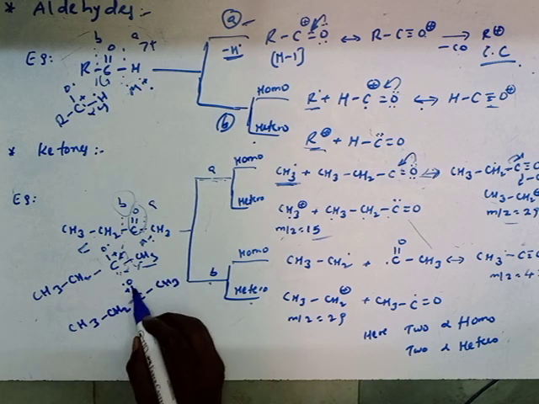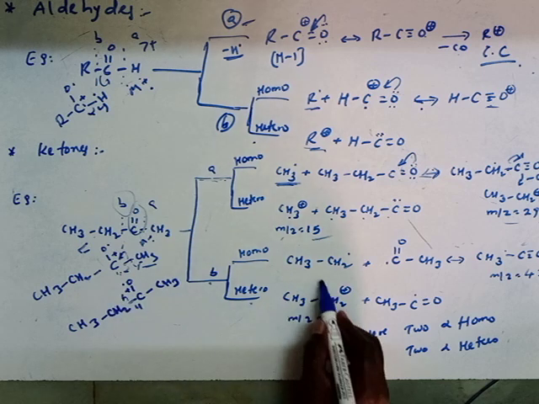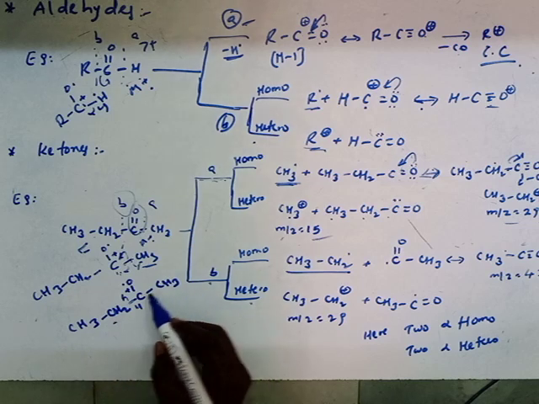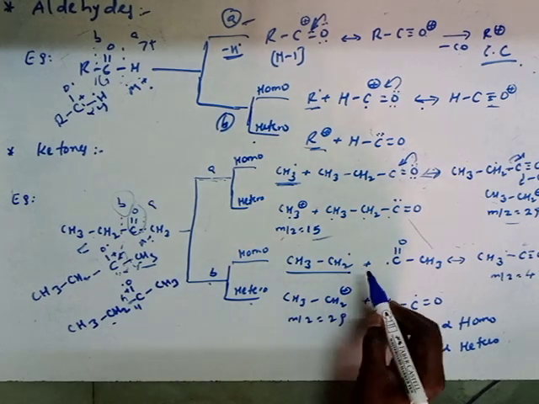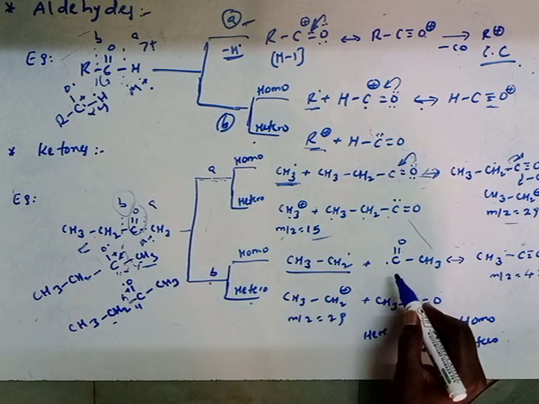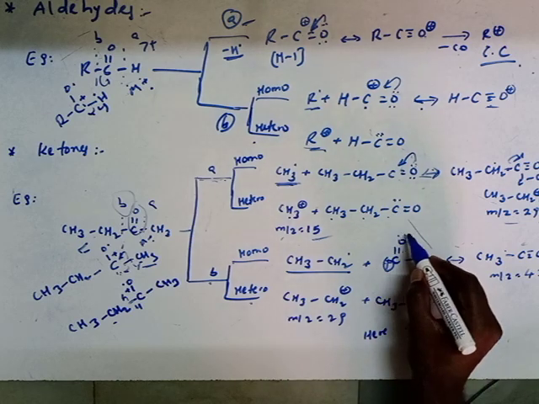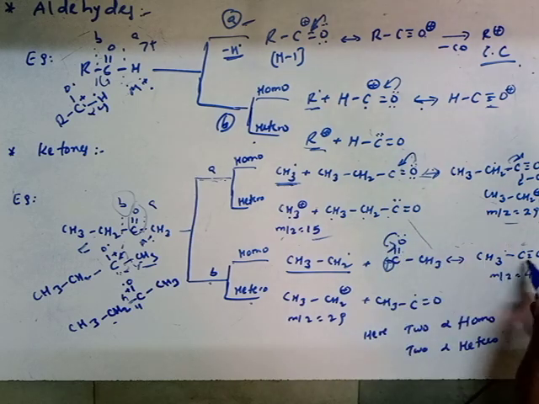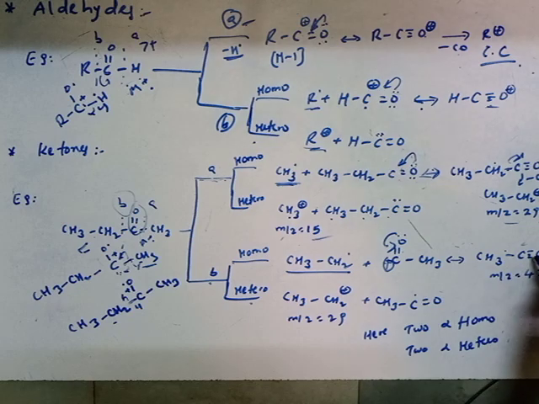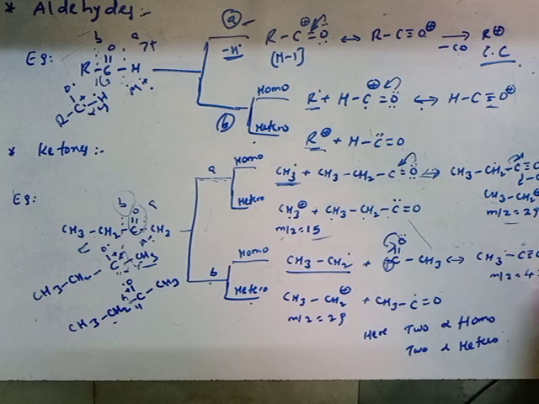If it undergoes homolytic cleavage, this bond will be cleaved, and this electron moves to here to form a methyl radical, and this electron will combine to form a double bond, and there is a positive charge here. Okay, and these electrons undergo rearrangement to form this type of structure, and here the oxygen loses electrons. That's why it will be a positive charge, and its m/z value is 43.